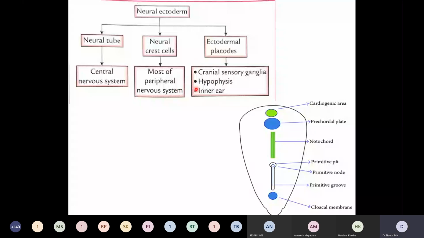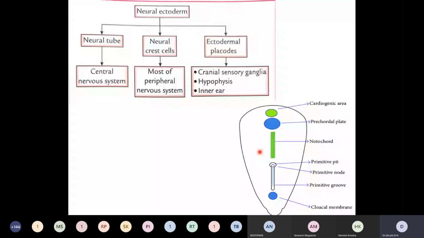The process of formation of neural tube is called as neurulation. Just to recapitulate, you just recollect that in presomite period, that is between around 16th to 19th day, the surface ectoderm thickens and forms the neural plate. Okay. For this, the notochord acts as the primary inducer, which induces the formation of neural tube.